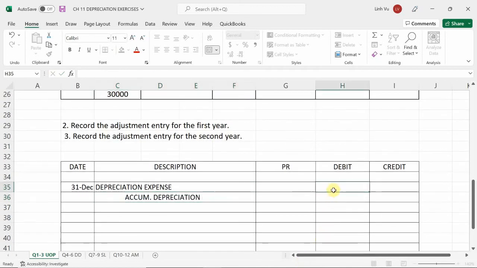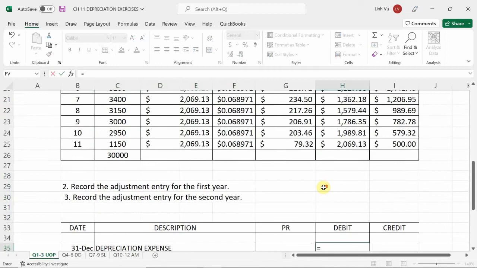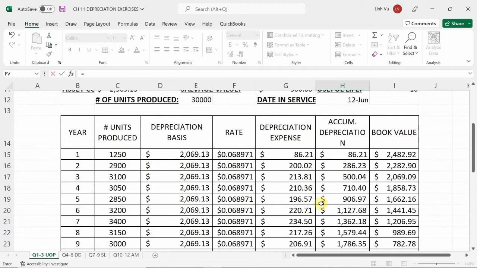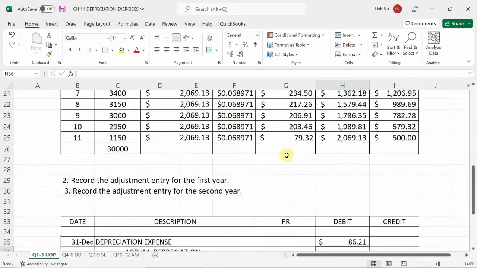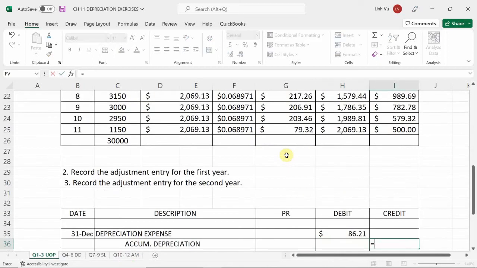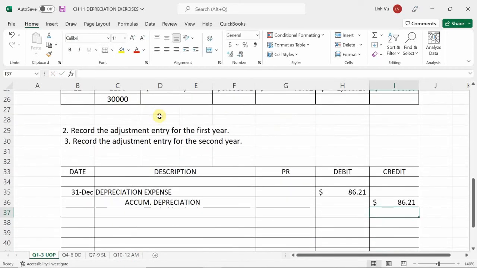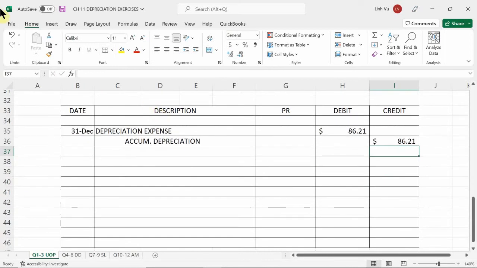For the first year, how much is that amount? 8621. And what is your adjustment entry going to be for the second year?